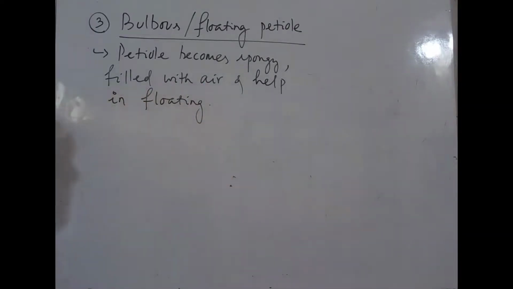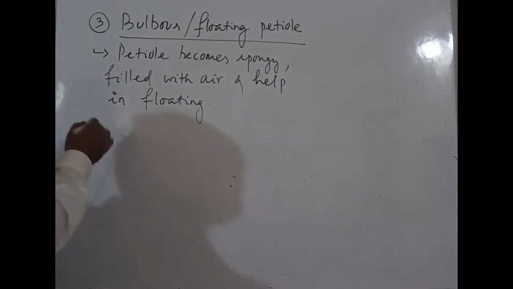So this is found in aquatic plants like some weeds, that is Eichhornia, Trapa, and these are the examples here.